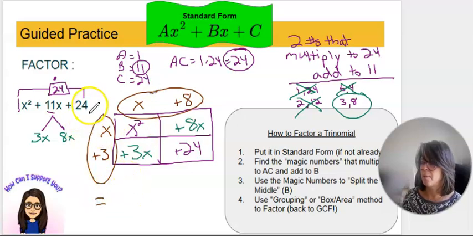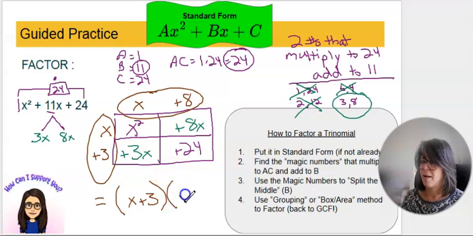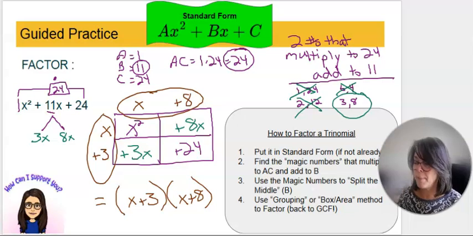I factored my original problem, and I have x plus 3 quantity x plus 8. Remember, you can always check your work by using the arrows or looking back at your box and making sure that what's outside the box multiplies to give you back what's inside the boxes.